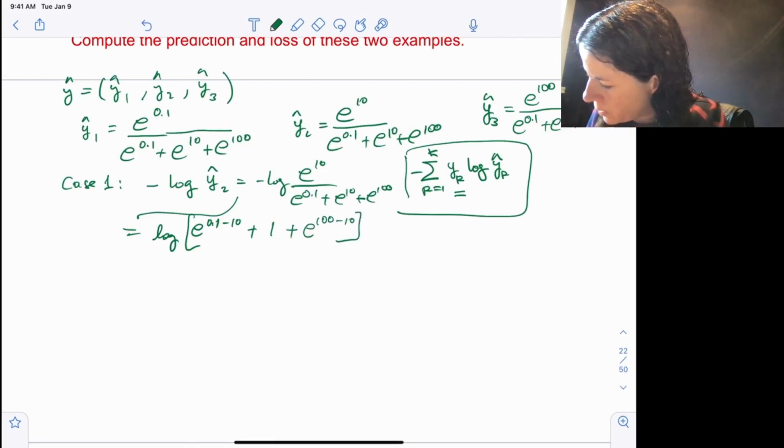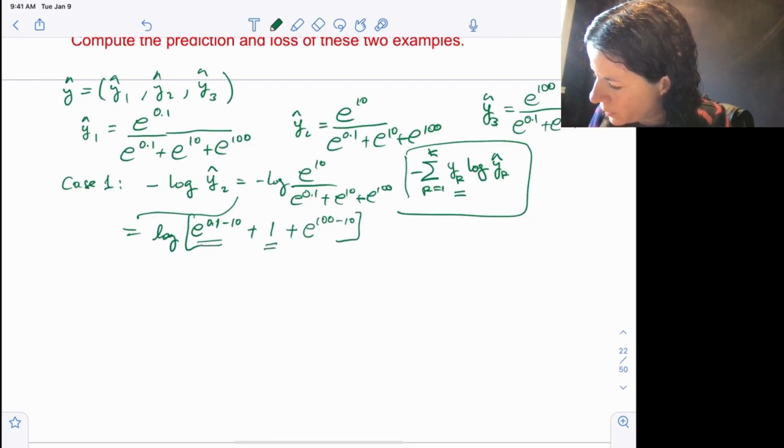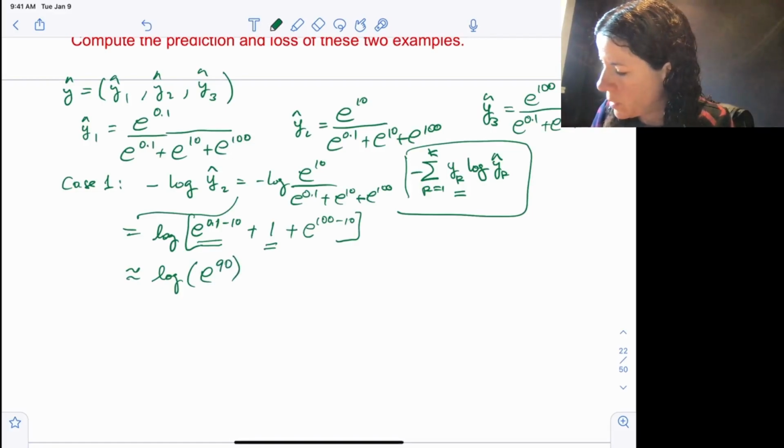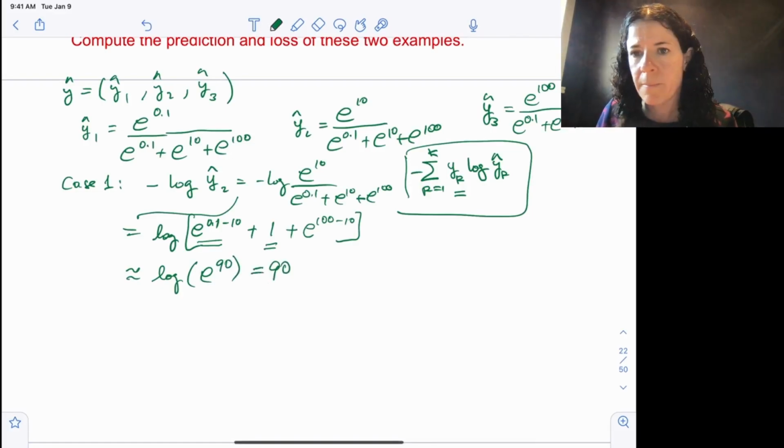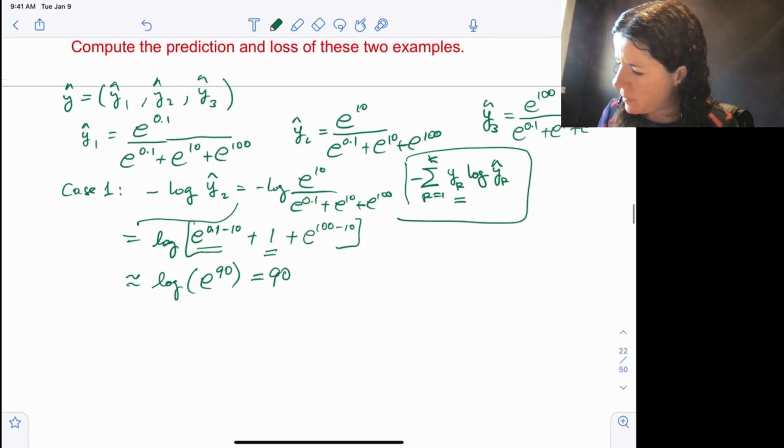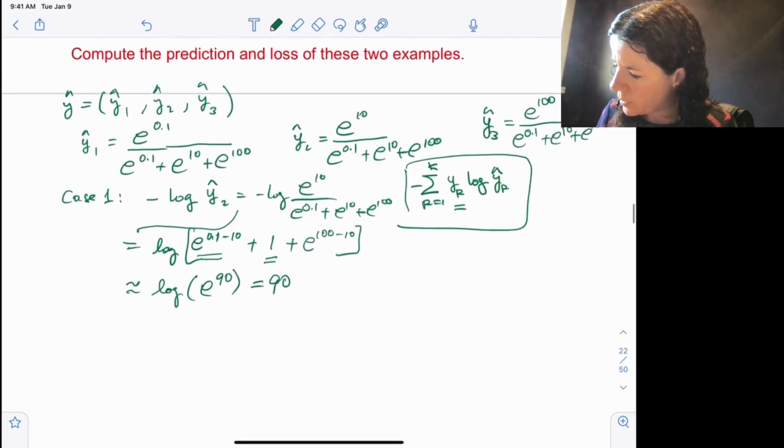Now, this first term is going to be a very small number, and this is 1. So this is approximately just the log of e to the 90, which is going to be 90. Okay, so that's case 1.